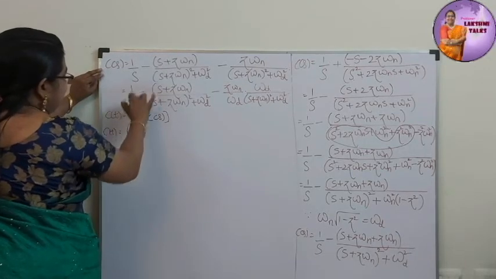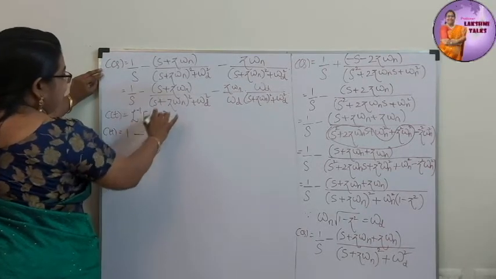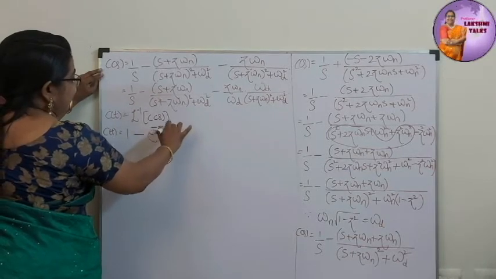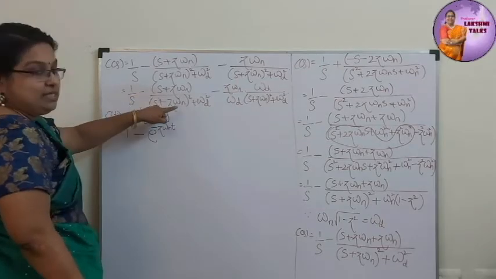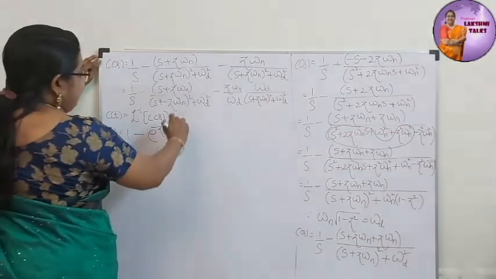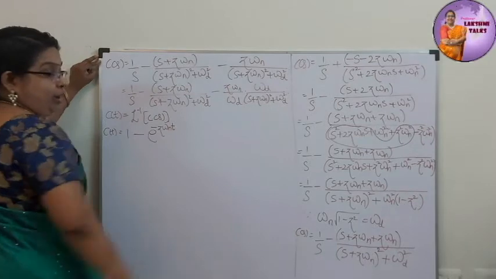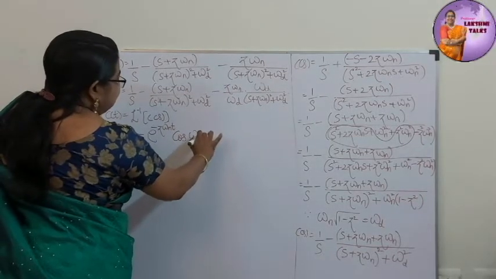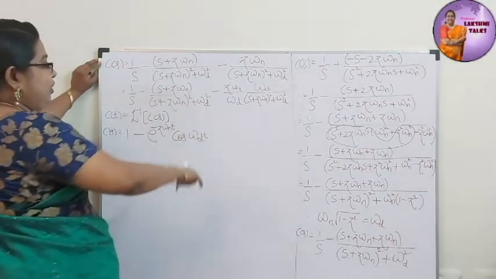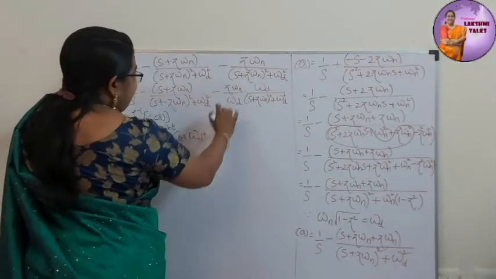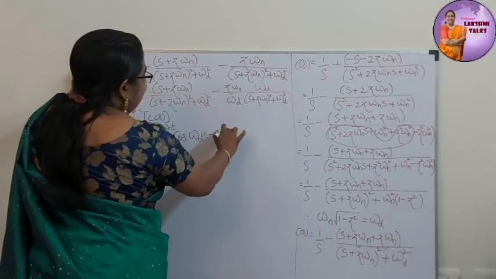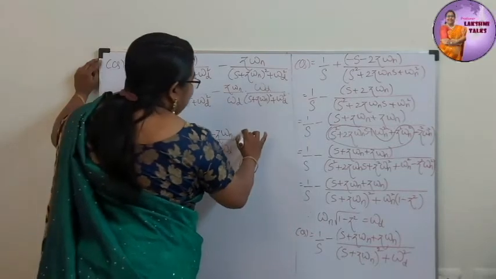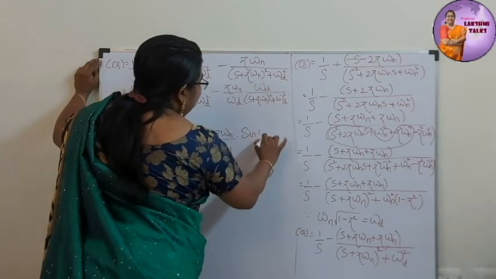C of t is equal to 1 by S, which becomes 1, minus e power minus zeta omega n t because of this S plus zeta omega n term. Then it is of the form cosine function, cos omega d t. And this term has a constant, zeta omega n divided by omega d, into sine omega d t.